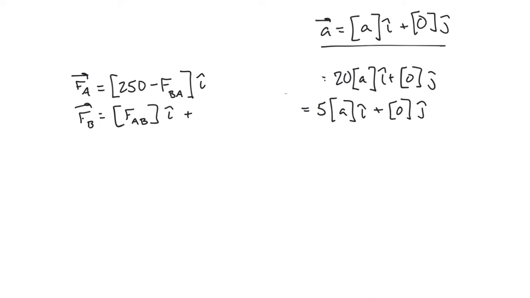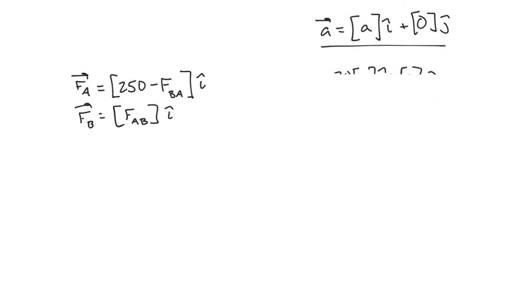Everything's just going to cancel out to be 0 there, and therefore we don't care. So we're going to reduce this a little bit, set it equal to 20 times A in the I direction and 5A in the I direction.